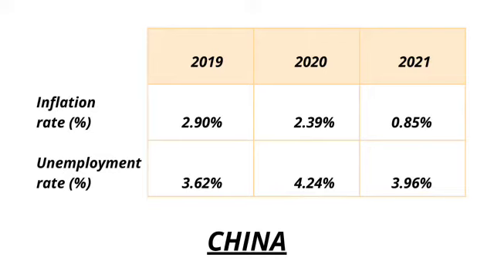We can see the data of inflation rate and employment rate in China from year 2019 to 2021. In 2019, the inflation rate is 2.60% and the employment rate is 3.62%. And next, 2020, the inflation rate is lower than in year 2019, at 2.39%.